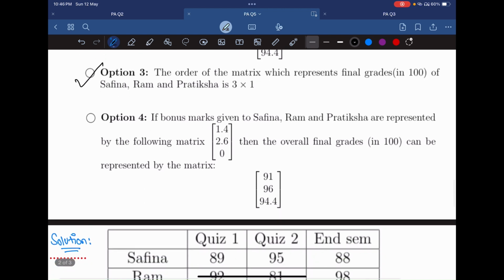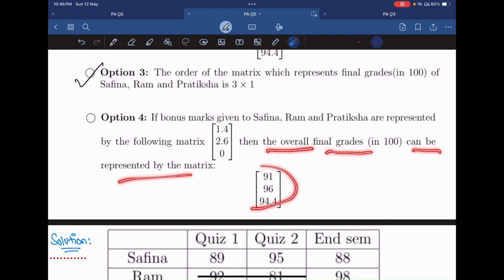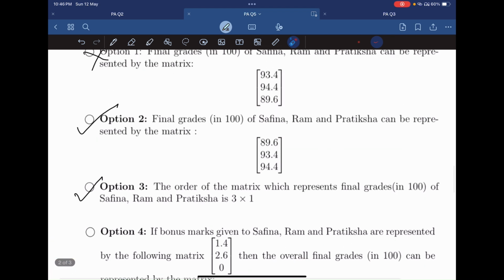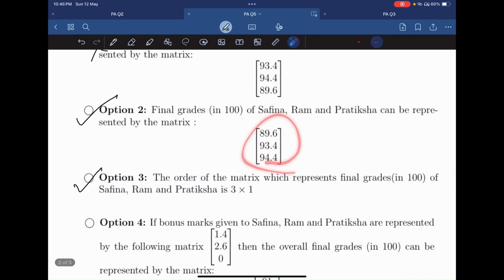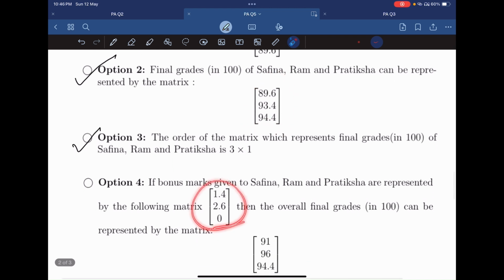Now option 4 says if the bonus marks given to Safina, Ram and Pratiksha are represented by the following matrix, then the overall final grade can be represented by this matrix. So basically, to our final grade matrix, that is this matrix, we are adding these bonus marks.